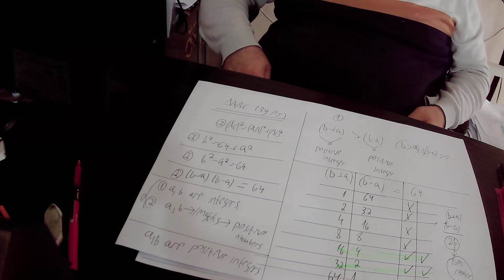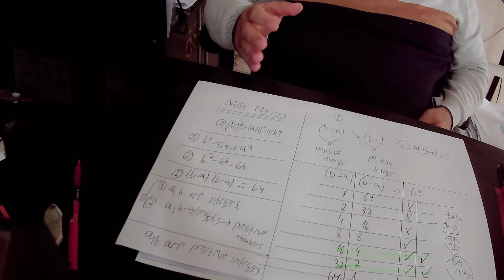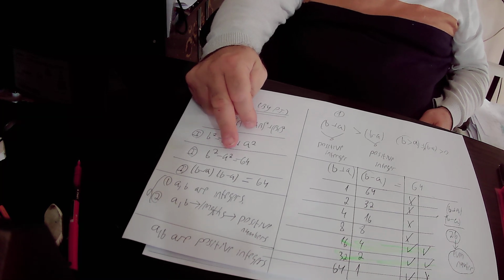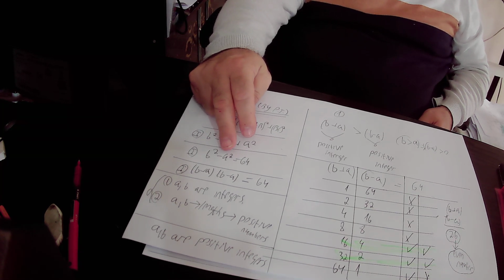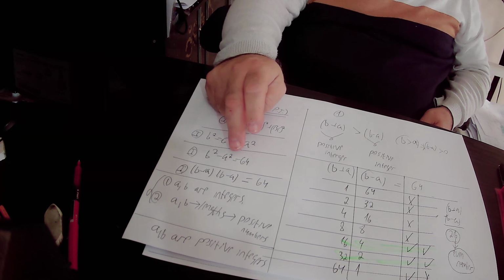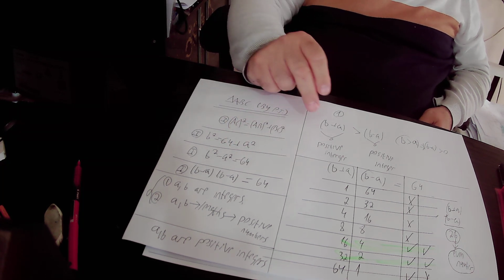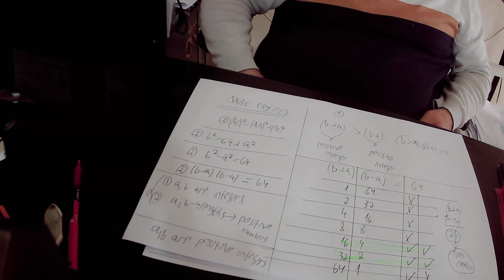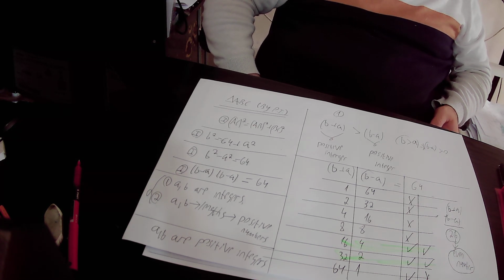So actually, according to equation number 1, we have two positive integers that we multiply by each other, and the result is 64. Then we wrote down all the possibilities for two positive integers that multiply to give 64.